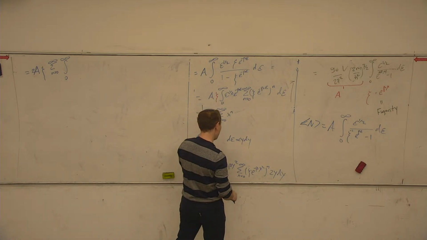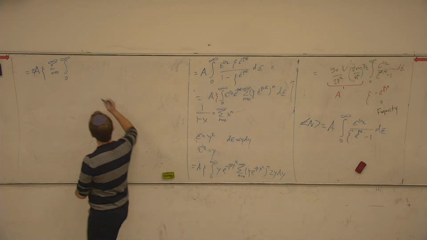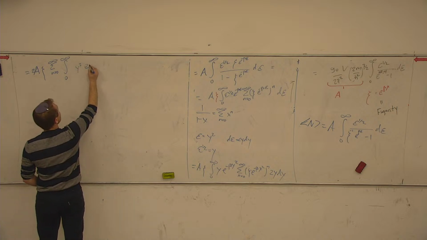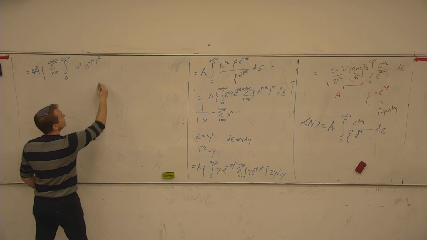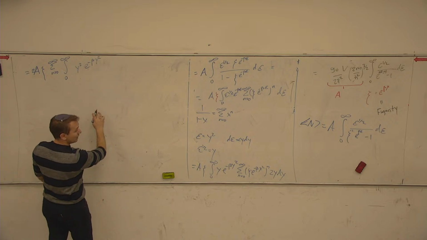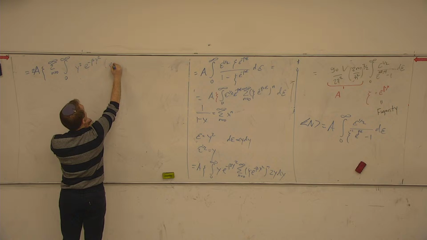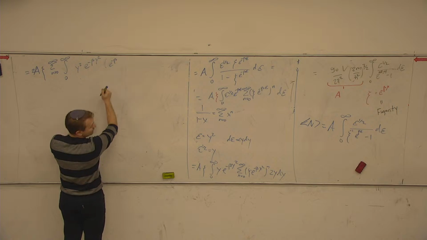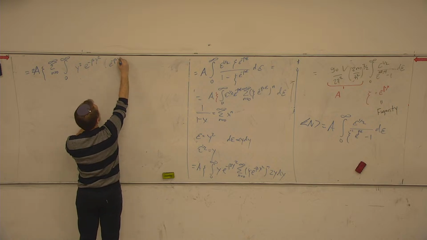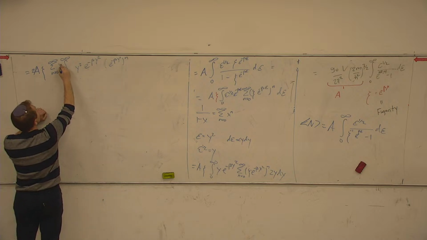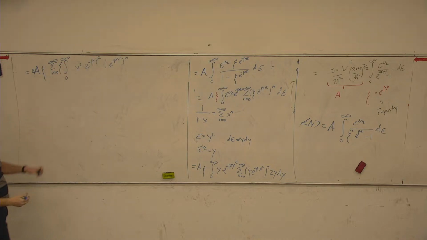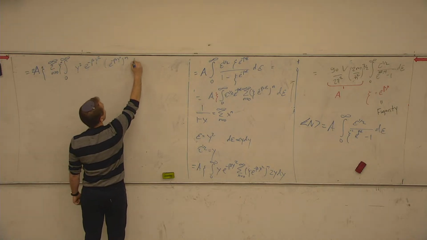Here we have y squared e to the power minus beta y squared, times e to the power minus beta y squared to the power n, and here we have a fugacity to the power n, dy.